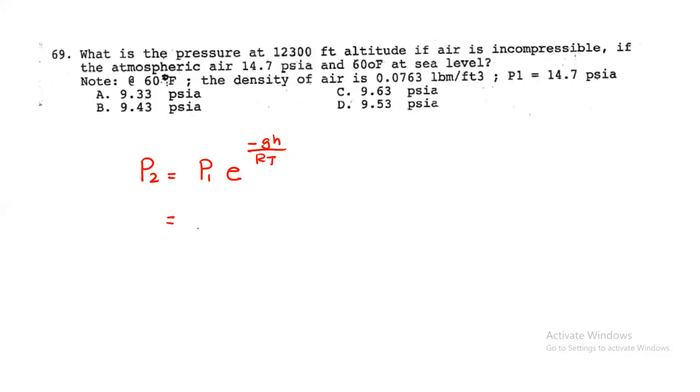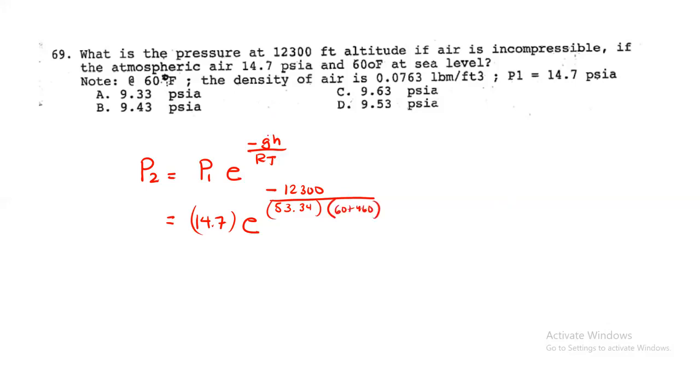So, P1 natin is 14.7 PSIA times E raised to negative G. So, dito, kapag English unit, tatanggalin mo na dito yung G kapag English unit. So, sulat mo na dyan 12,300 feet divided by 53.34 times temperature na 60. So 60 plus 460.